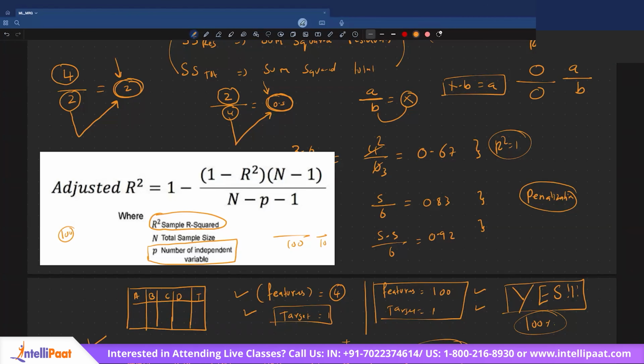If the number of features that you have taken is very, very large, what happens in your R square? Each individual column will start saying that you have to listen to me, you have to listen to me. What happens in that situation? Think about it.